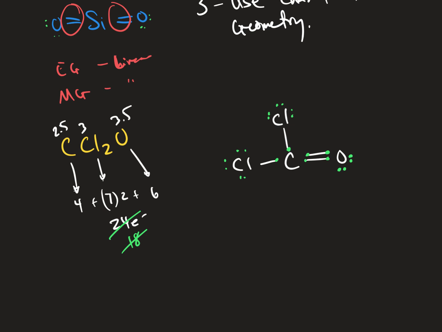Just out of curiosity, on some of the things that we're doing, it's a rule to put them in order. In this specific case, they're not placed in order based off of what's most electronegative. Would there be a scenario where it would be oxygen first and carbon last? Would it ever be written where oxygen comes before carbon?